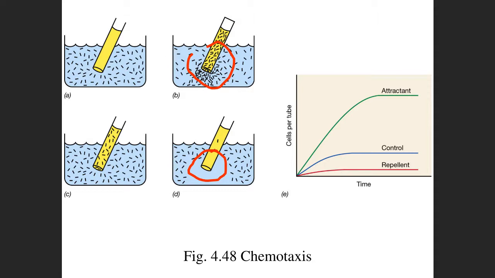But maybe there's nothing. I don't care. It doesn't matter. You see, the density outside and inside is different. So that's how you can see. The attractant, they will increase, the repellent will decrease, and control just stays flat. This is control, nothing there, and with the repellent there is no increase. They accidentally got in, and they get trapped.